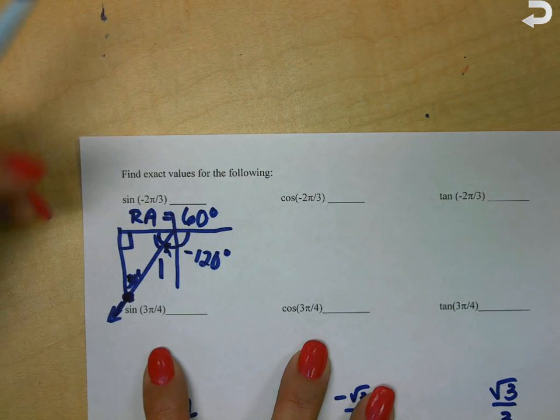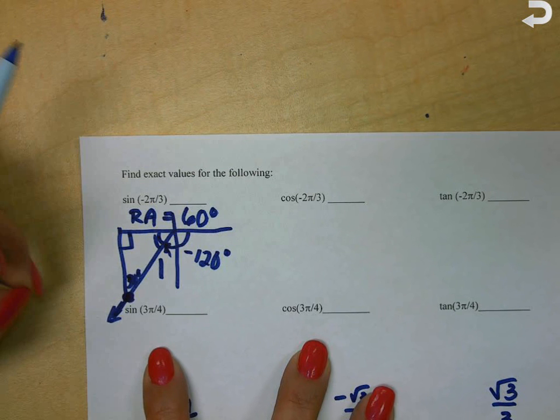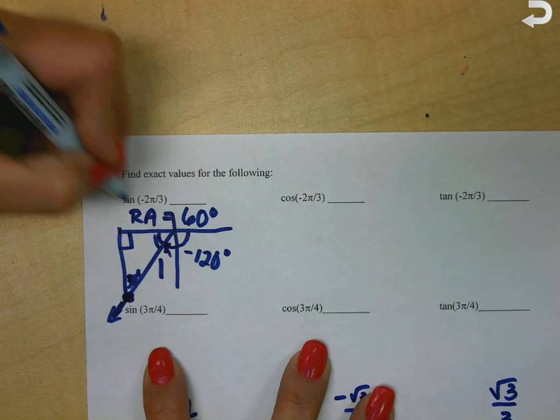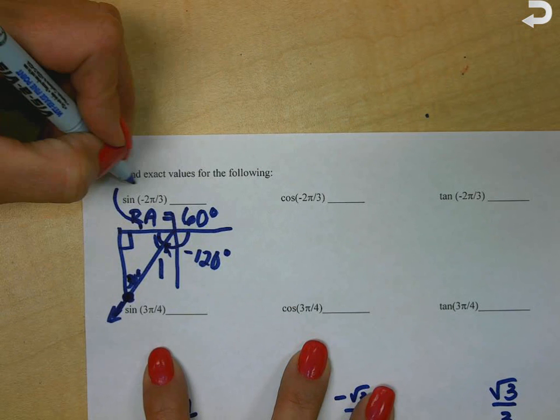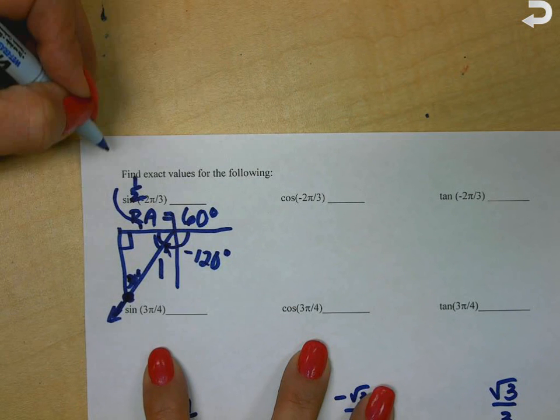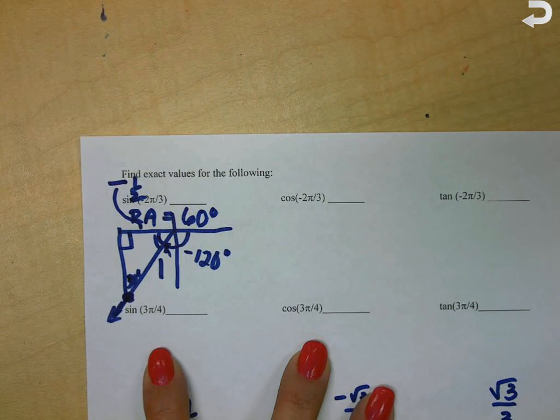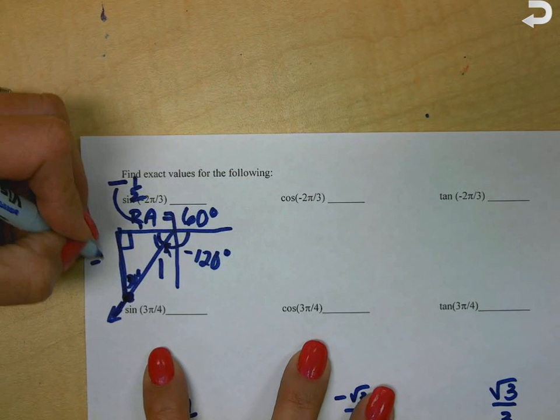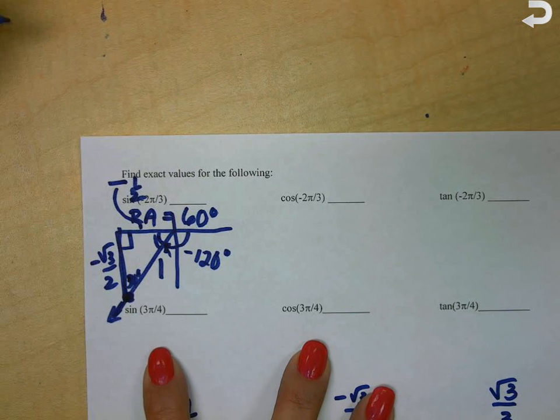Now, that angle is 30 degrees. The 30-degree angle always has the side opposite that is 1/2 of the hypotenuse length. So I know that this side is 1/2, but it's negative because it's in the third quadrant. Therefore, this leg of the triangle is negative square root of 3/2.